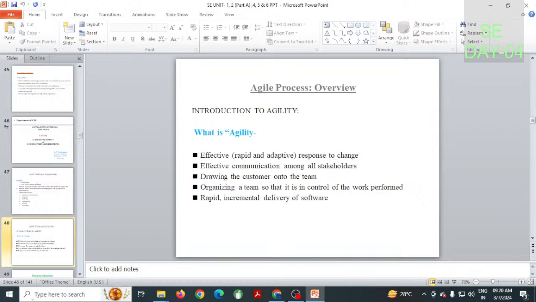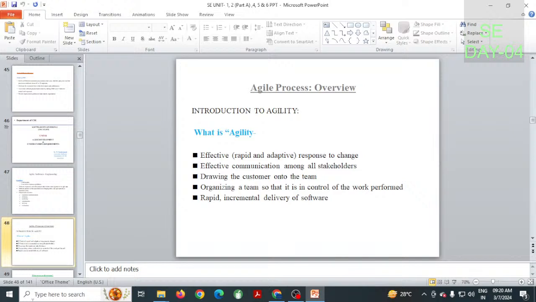Agility means it is rapid and adaptive, where there is an effective response established for changing behavior.